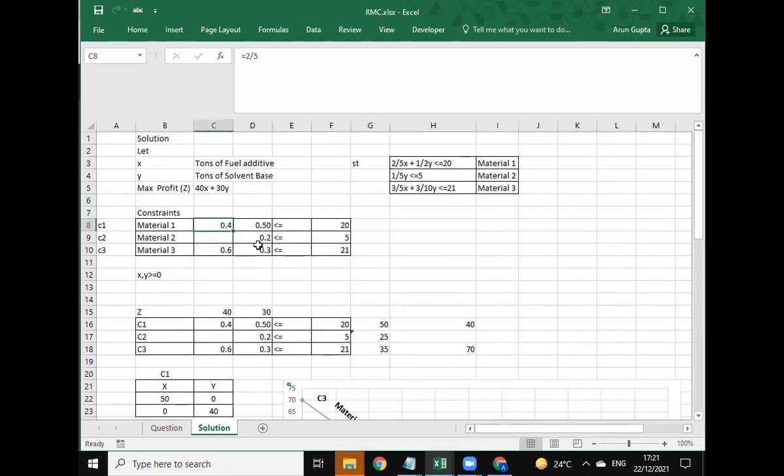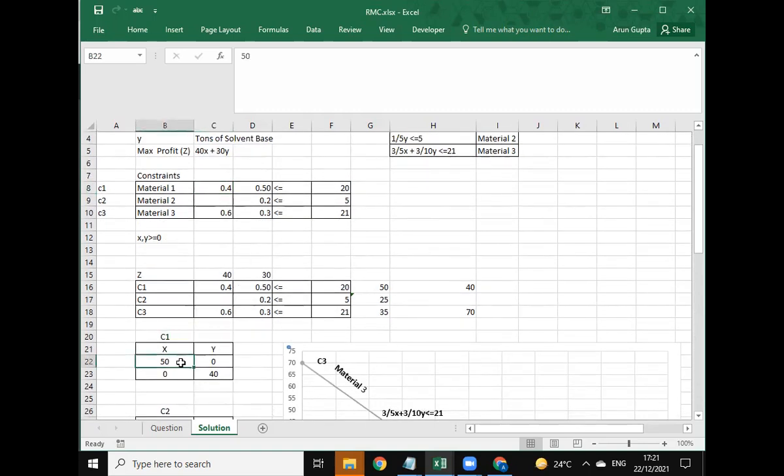For the first parameter, 0.4x is less than or equal to 20, so we have taken the value of x as 50, which equals 20, that is 50 multiplied by 0.4 and taking the value of y as 0. So we got the answer as 20 for x in material 1, where y equals 0. For the second, we have taken x as 0 and y as 40, and 40 multiplied by 0.5 equals 20.